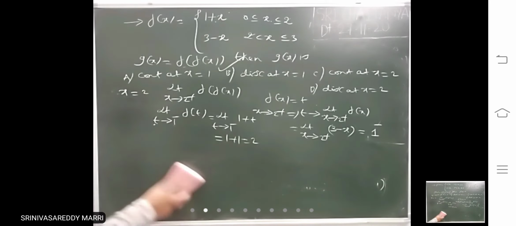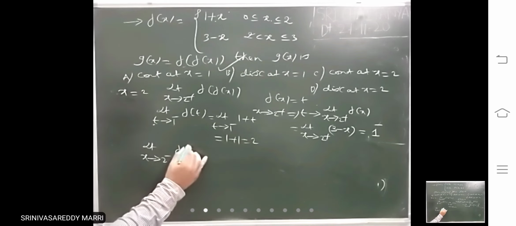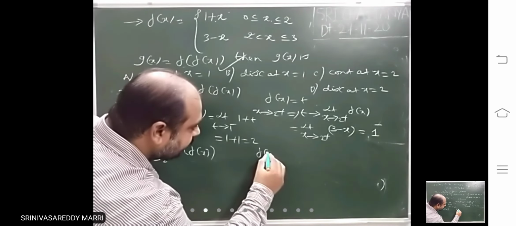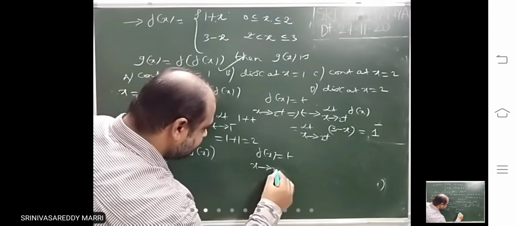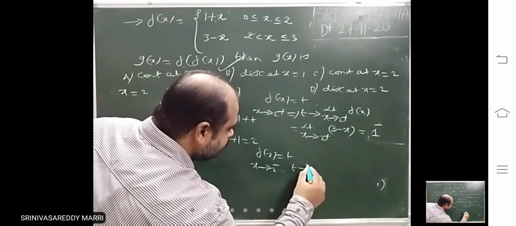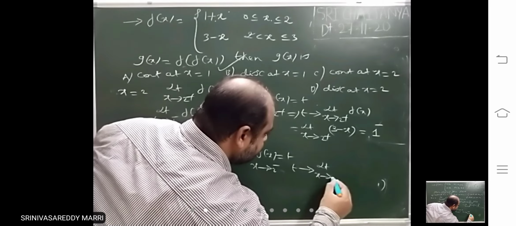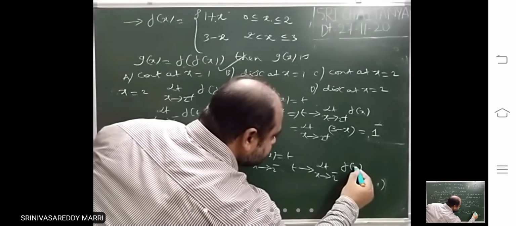Right hand limit, I mean. So left hand limit I am calculating: left hand limit means 2 minus, f of x. Now I am taking f of x equal to t. If x tends to 2 minus, t tends to... limit x tends to 2 minus f of x.